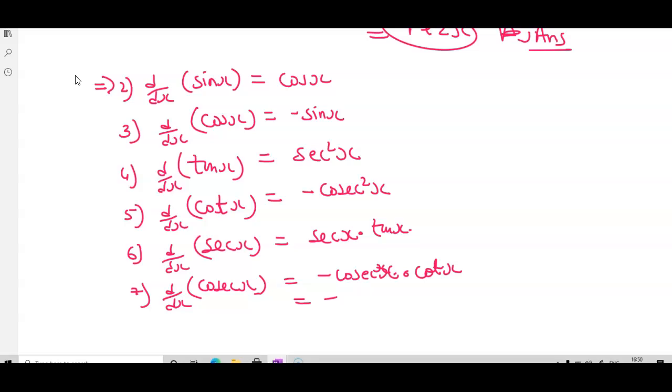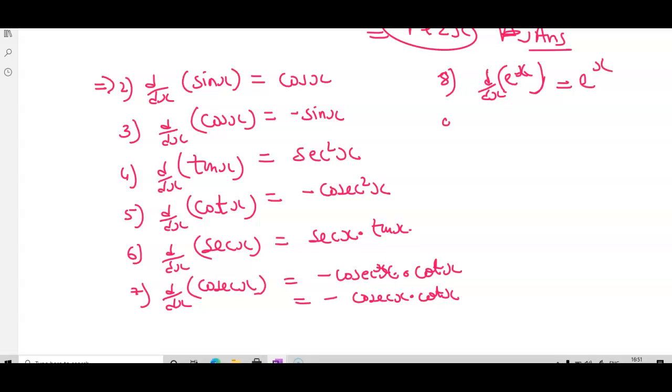Let me write it clearly. It is minus cosec x into cot x. Now if I move to another formula, the exponential function, this is derivative of e to the power x, which is nothing but e to the power x only.